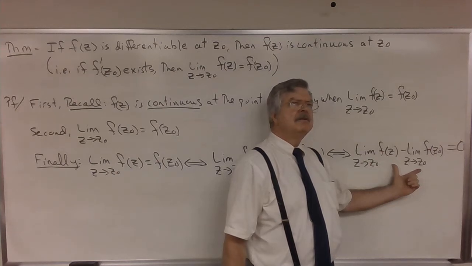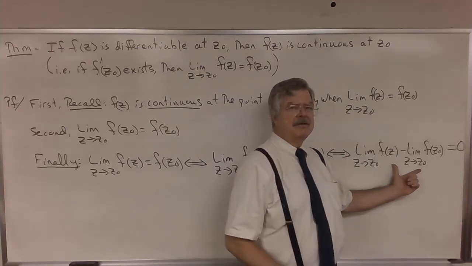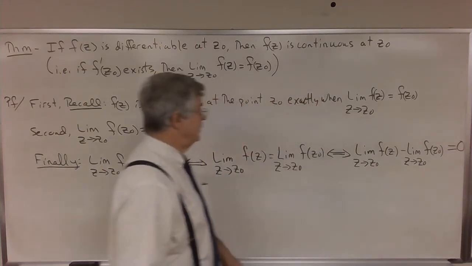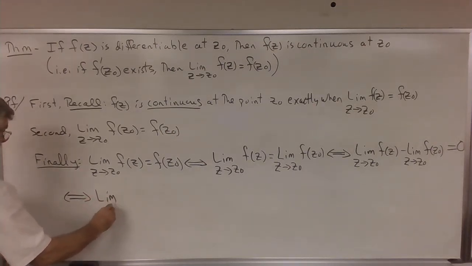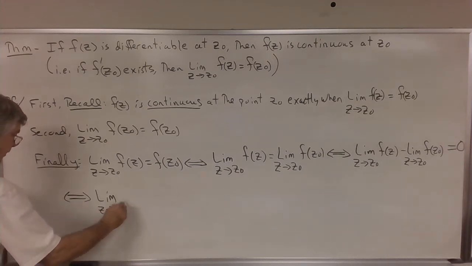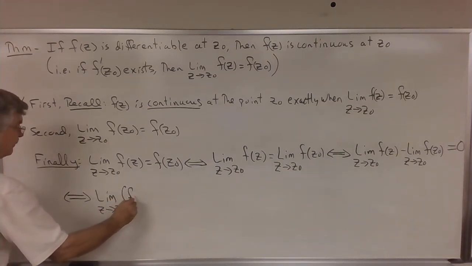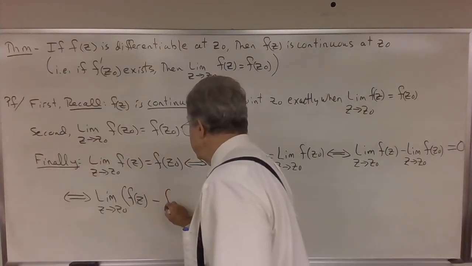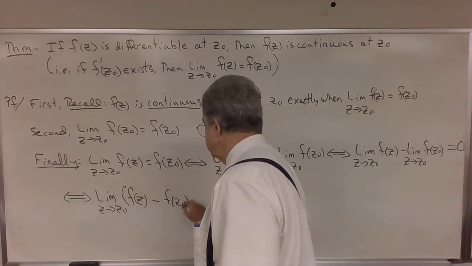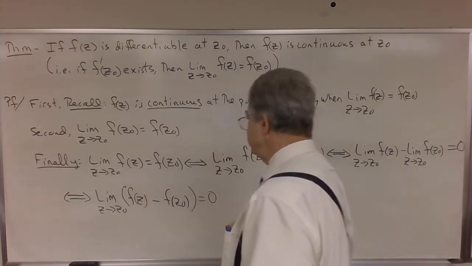Well, didn't we learn that the limit of a sum or difference is the sum or difference of the limits? That goes the other way too. The sum or difference of limits will be the limit of the sum or difference. So that means that we have the limit of f of z minus f of z naught equals 0.